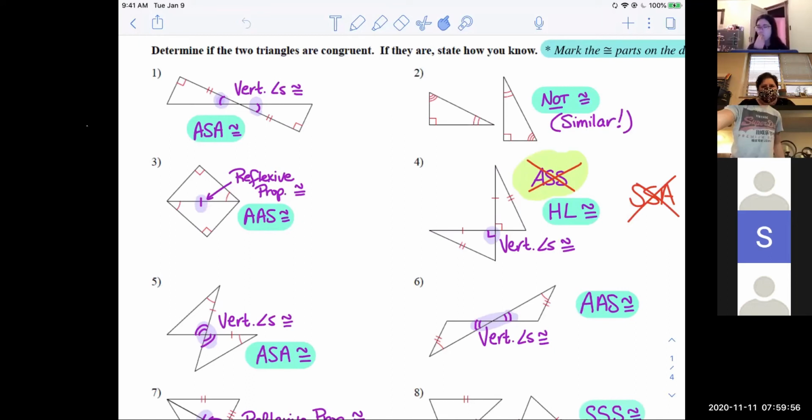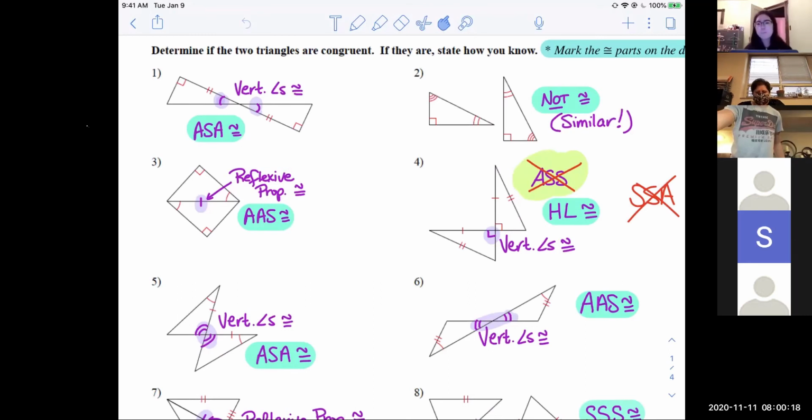Okay, so reminder, angle side side and side side angle, which are the same thing, do not make triangles congruent. So if they happen to be right triangles, then you can make them congruent by HL. HL stands for what? Oh, hypotenuse leg.